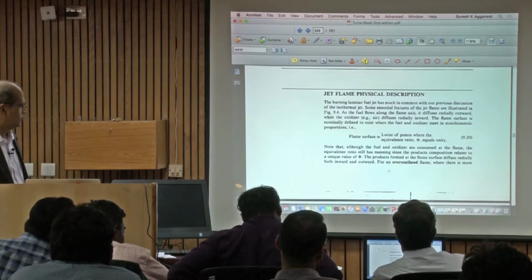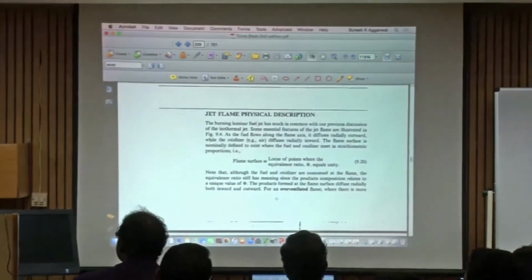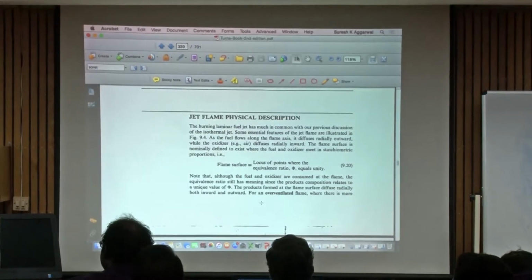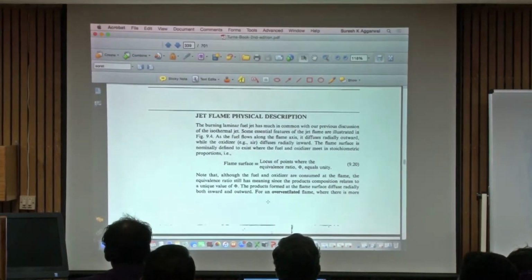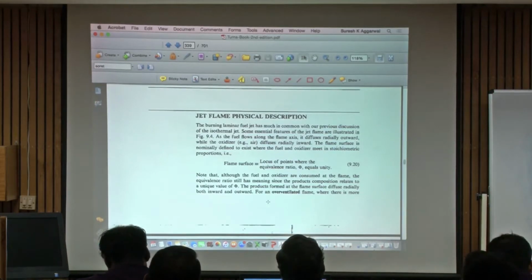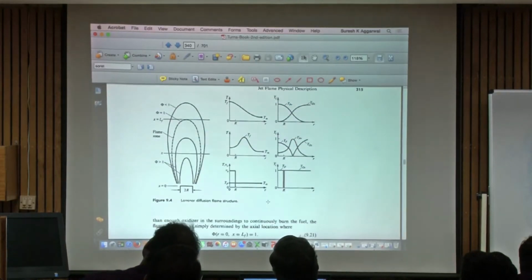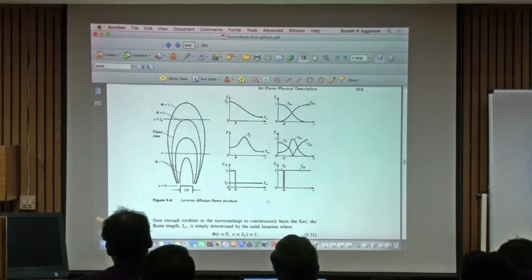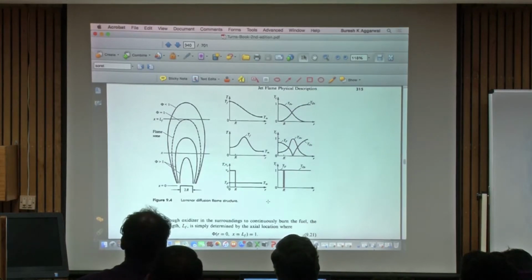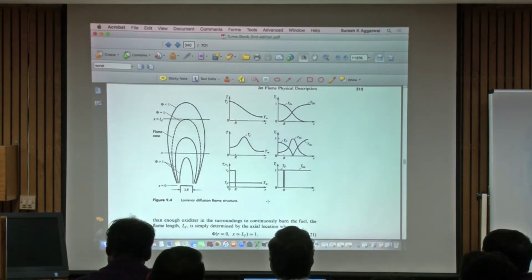So the locus of points where the equivalence ratio equals unity, we are using YFS, which is the same thing. That gives the flame surface. These show some contours in terms of phi. We were doing this in terms of YF. At the flame surface, phi is 1, which is YF equal to YFS. So if you're going to refer to this book.